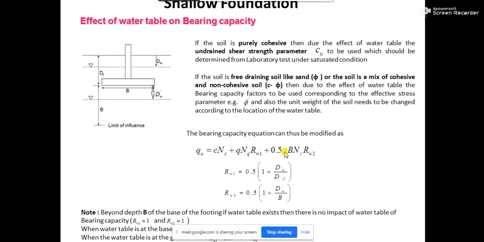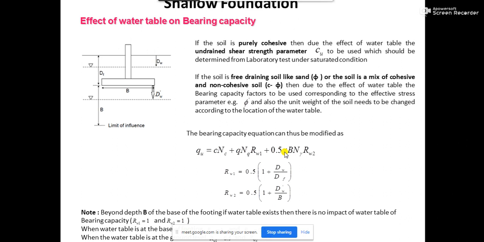When Terzaghi gave his bearing capacity equation, he hadn't considered anything about the water table. In that equation, the unit weight of soil is considered as gamma bulk.